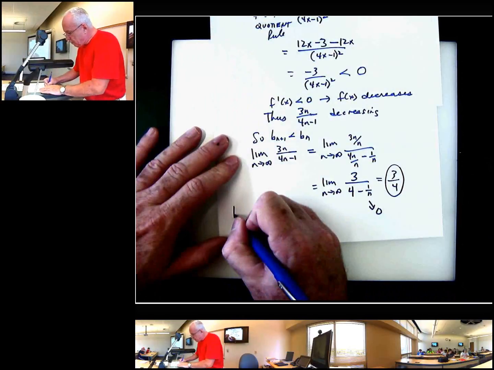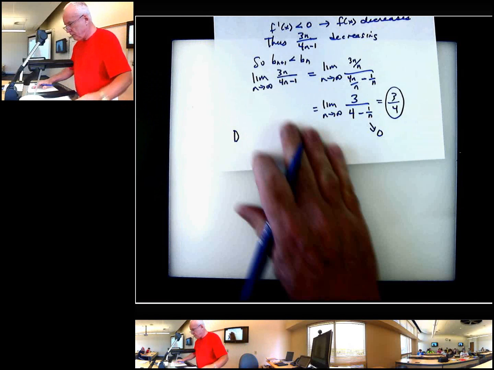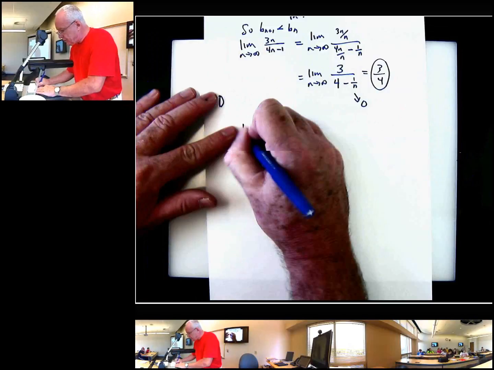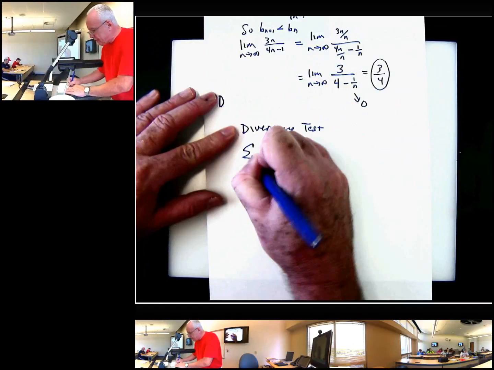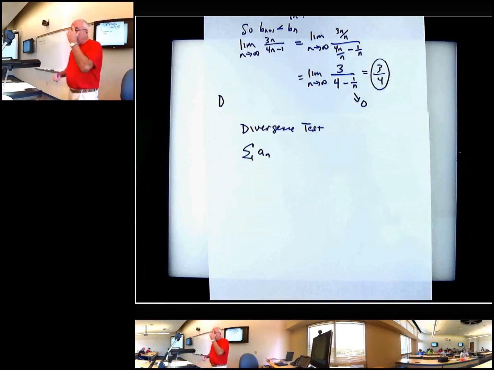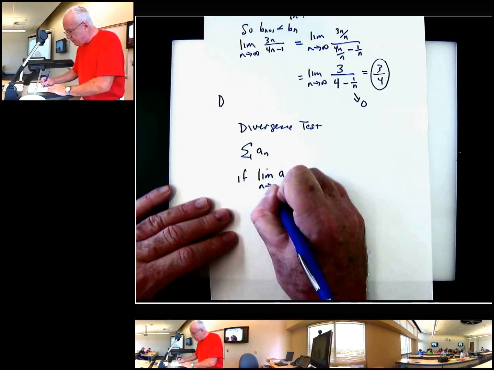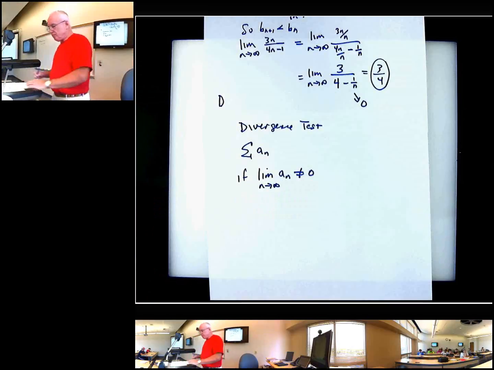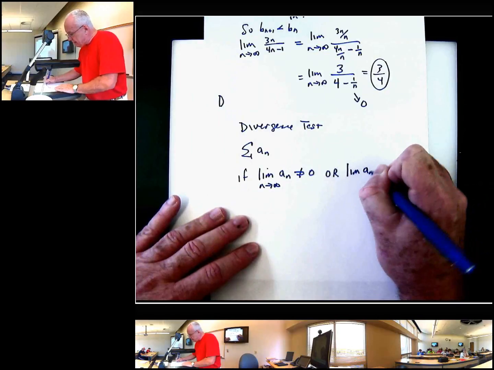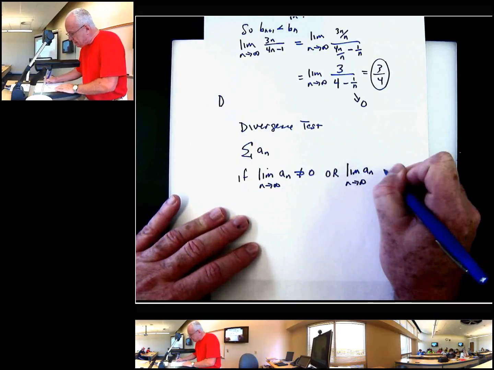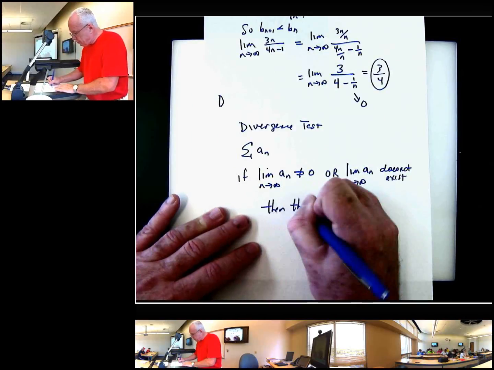Remember, for the divergence test: if we have a series a sub n, and the limit of the a sub n's as n goes to infinity doesn't equal 0, or the limit of the a sub n's as n goes to infinity does not exist, then the series diverges.